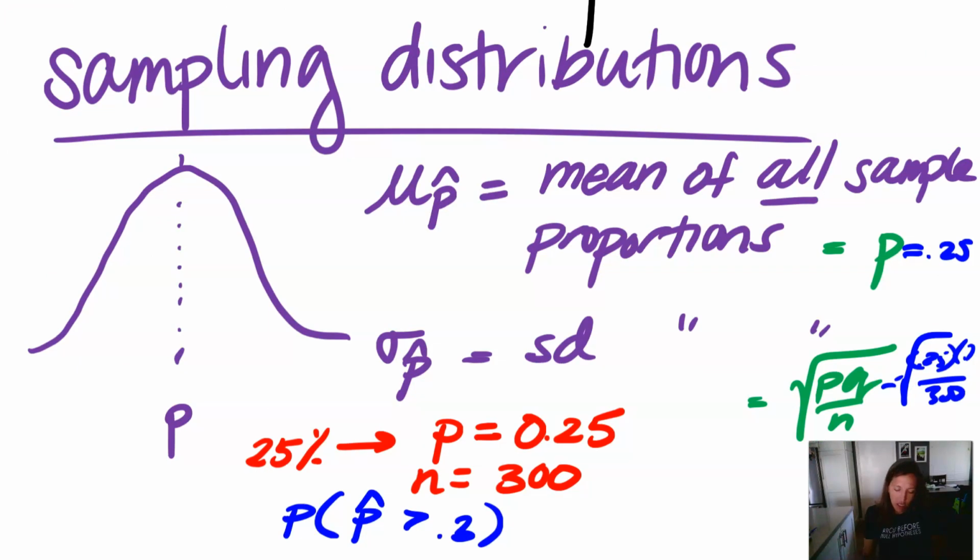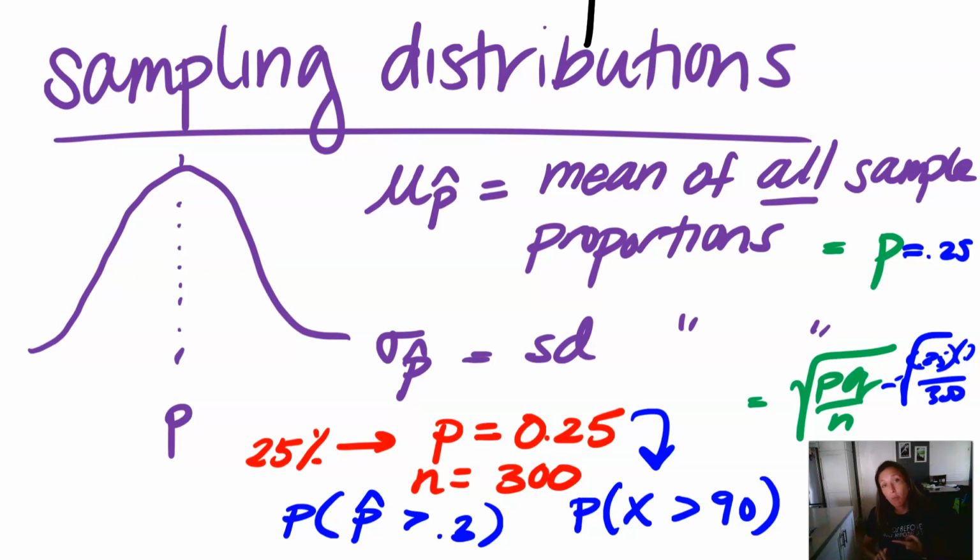You also could have done this by figuring out the probability that our number of pink candies was greater than 90. I don't remember the exact wording, it doesn't matter. You could have done that either using the normal approximation to the binomial or the binomial calculator. Either one would have given you a correct answer. So those were technically the 3 answers I was looking for.